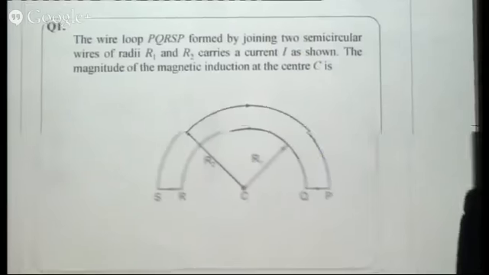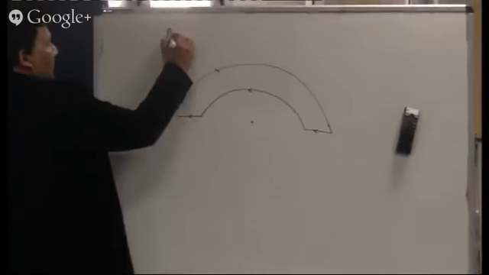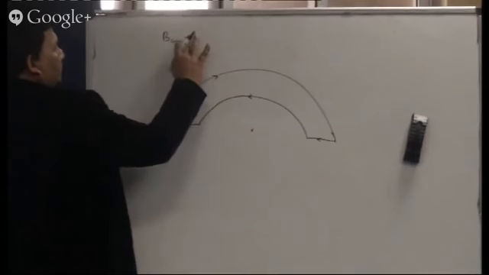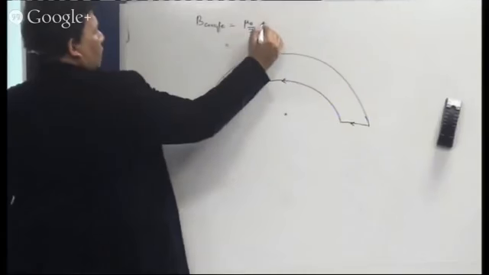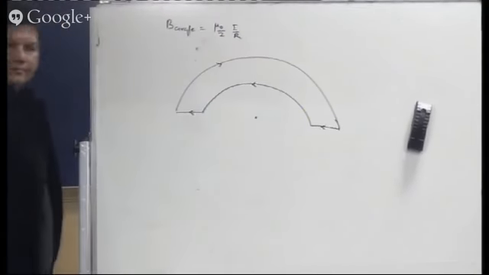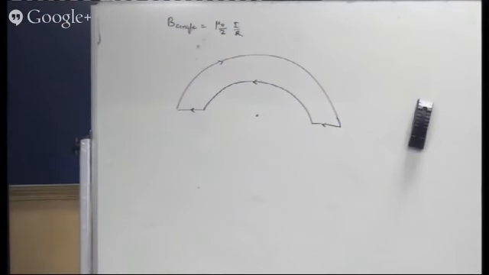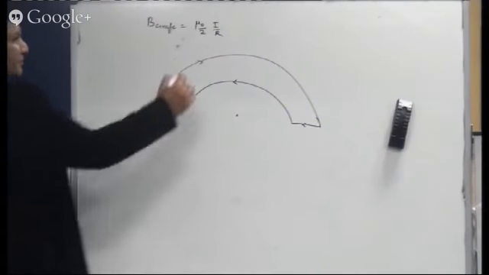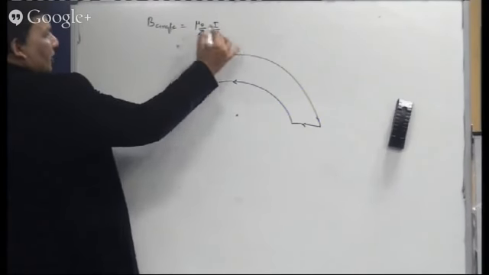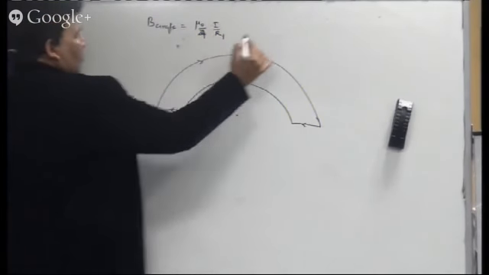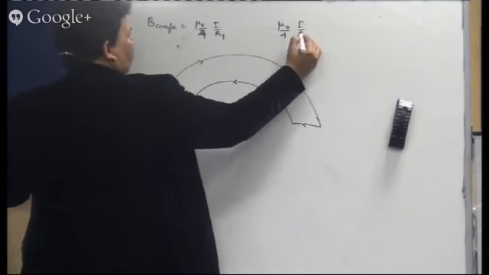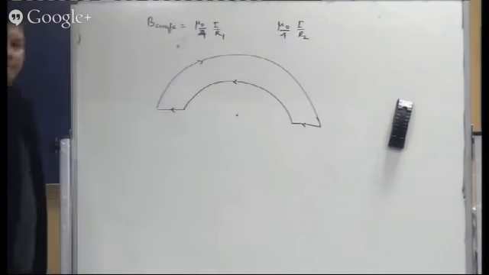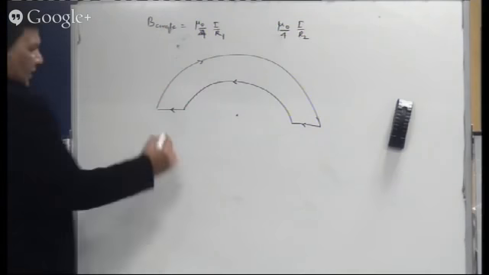Two semicircles. पहले बताओ मुझे B ड्यू टू अ सर्कल कितना होगा? फटाफट. How much? mu naught by 2 I by R. पक्का ना? सेमी सर्कल तो कितना होगा? Mu naught by 4 I by R1 and the second will be mu naught by 4 I by R2. अच्छा.